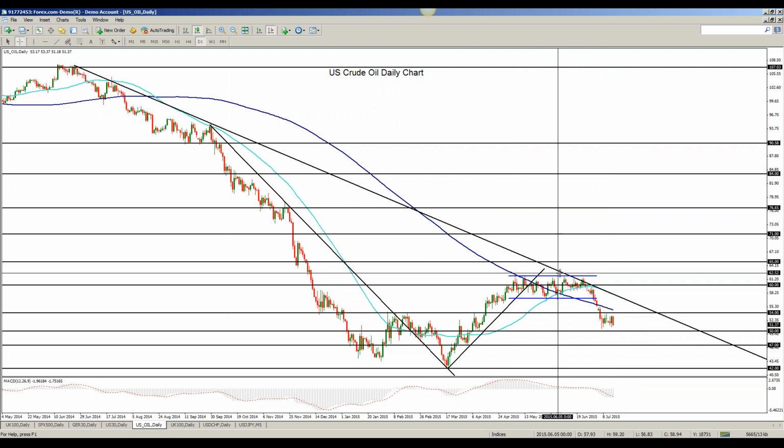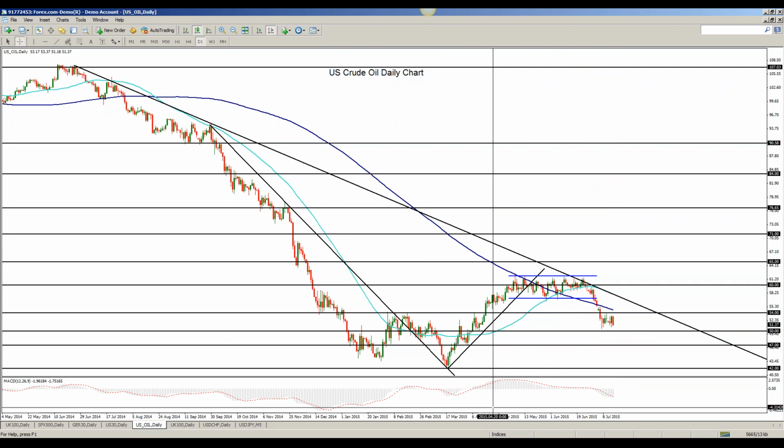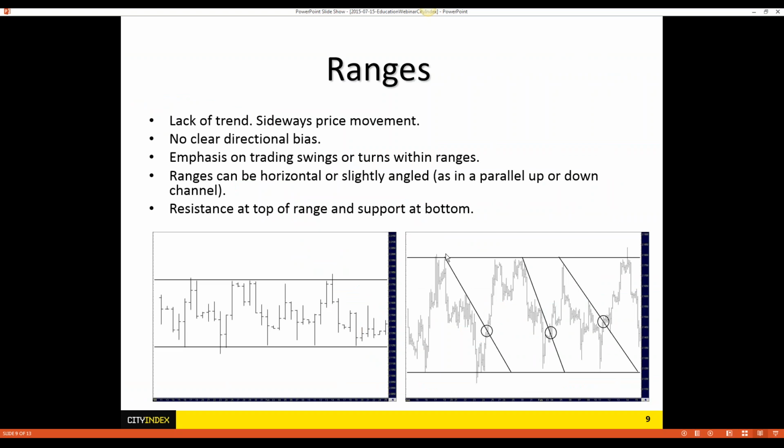How could you play this? Probably not on the daily chart, but you could play this by looking for the turns within that range, using the same technique that I just showed you with the trend channels, which is drawing intra-channel trend lines. Here are intra-channel trend lines.